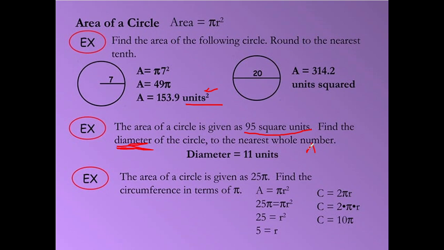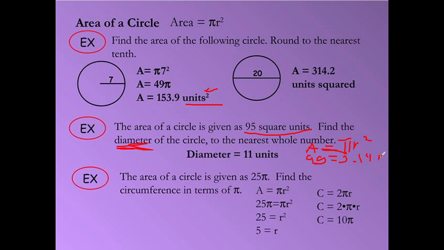Our A is equal to pi r squared. Our A is equal to 95. Right? And then, our pi is 3.14. So, we will find the radius.